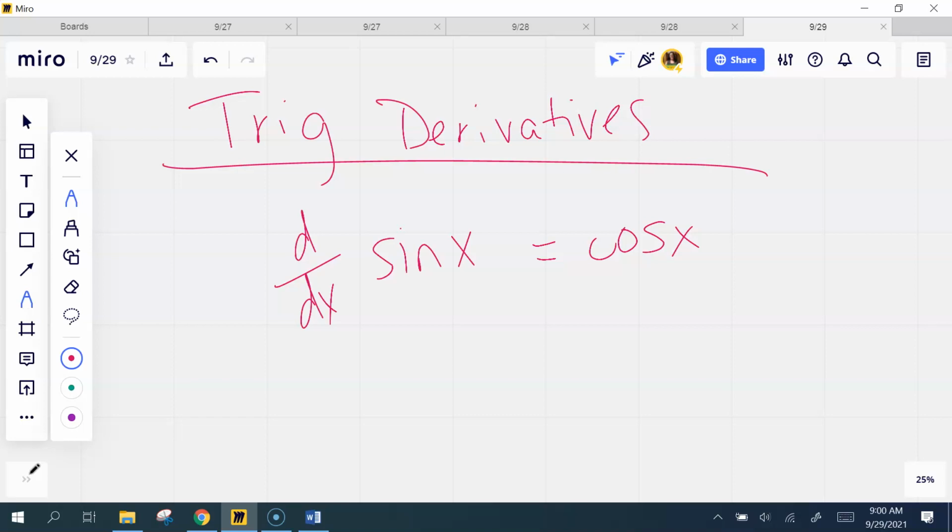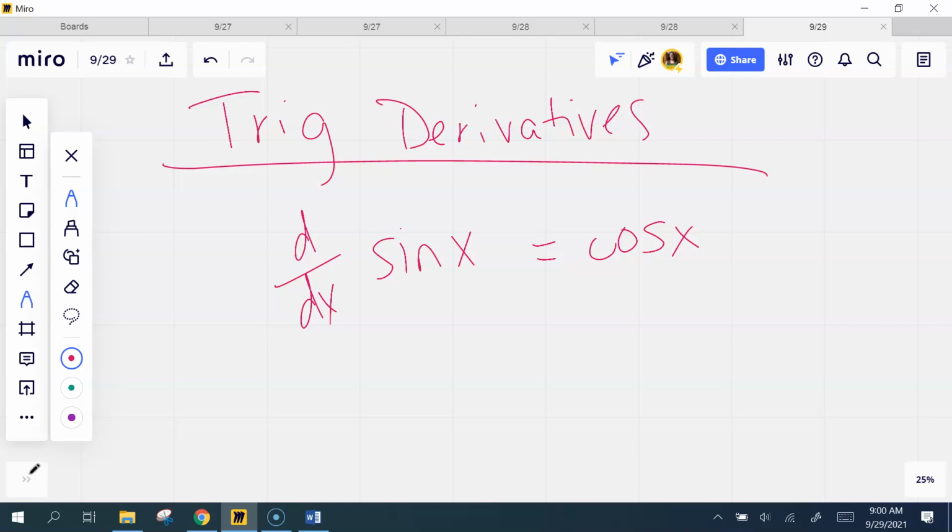It doesn't help your understanding of this. All right, the derivative of sine x is cosine x. Just know that. You will commit these to memory.